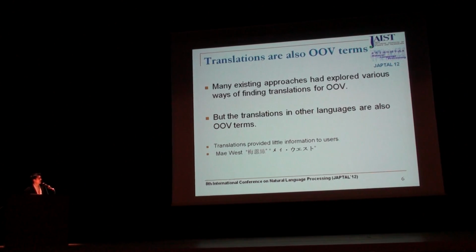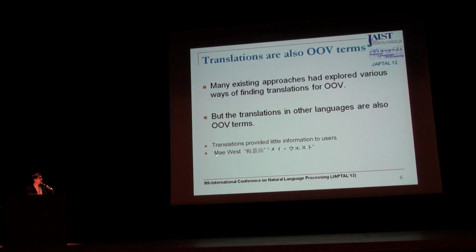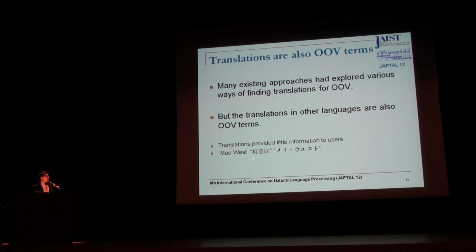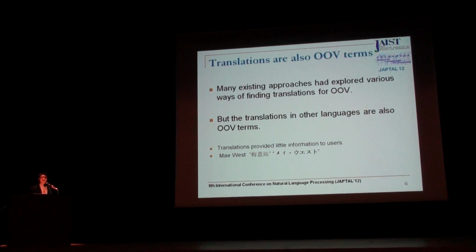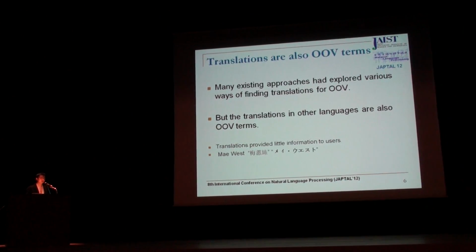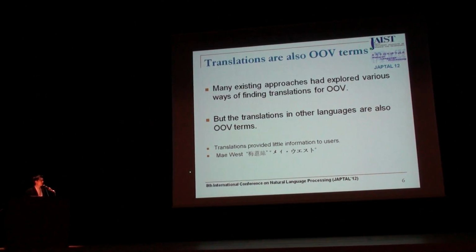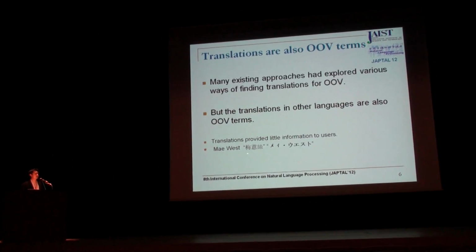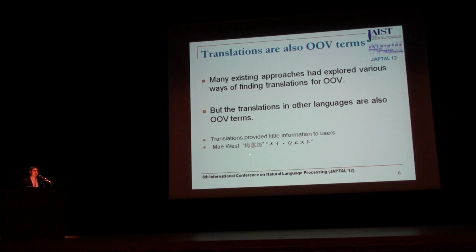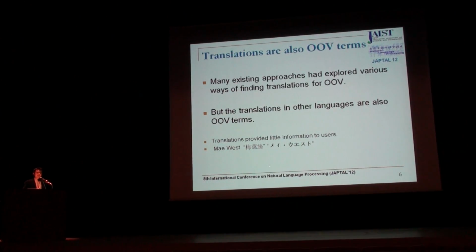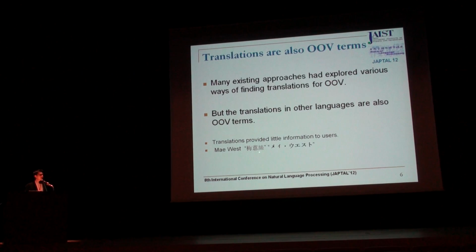For example, we have English as a source language, My Waist, and here is the translation in Chinese, and this is the translation in Japanese. Without knowing who or what My Waist is, we do not know. Just by judging the translation itself, this can be a brand of clothes or jewelry, or even a shampoo brand or cosmetic. We do not know that.